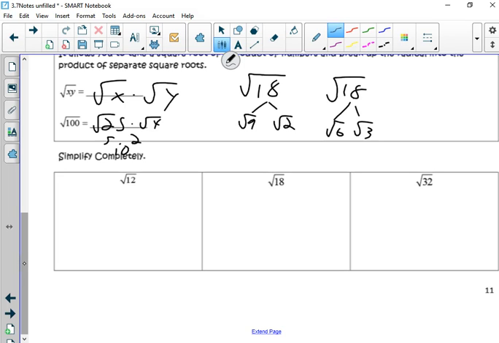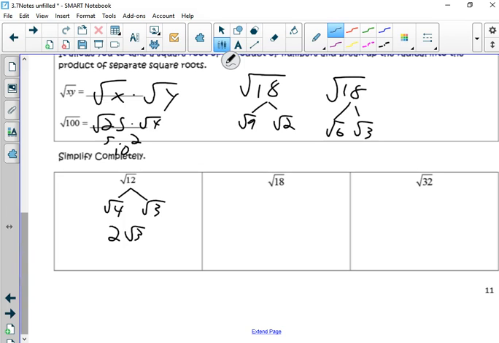Is there a number on that list that goes into 12? Yes. What? 4. Now, I suggest you get in the habit of writing that perfect number first, and write the other one second. So instead of writing radical 3 times radical 4, write radical 4 times radical 3. Because this is going to become 2 radical 3.